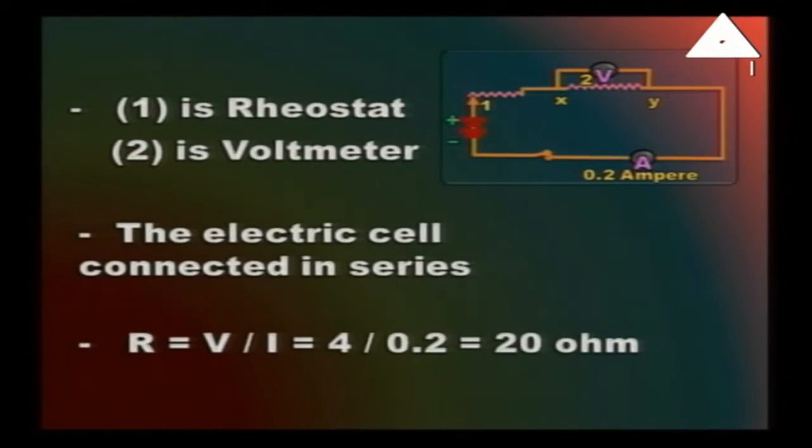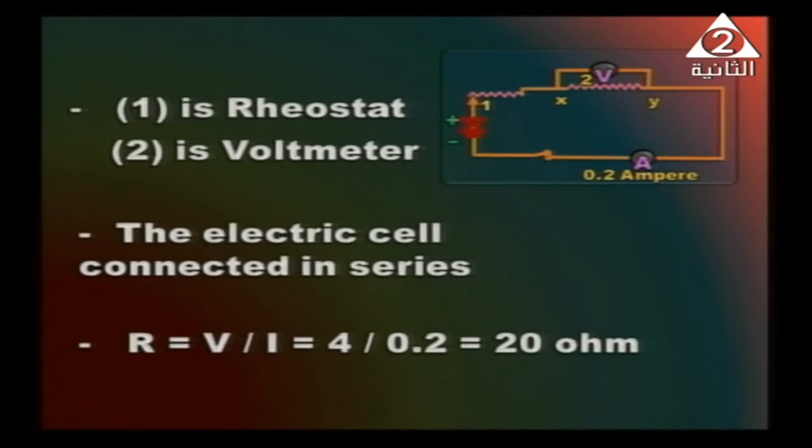Question number 3, determine the value of resistance. Resistance equals potential difference divided by electric current intensity. The potential difference equals 4 volts, divided by 0.2 ampere, equals 20 ohm.